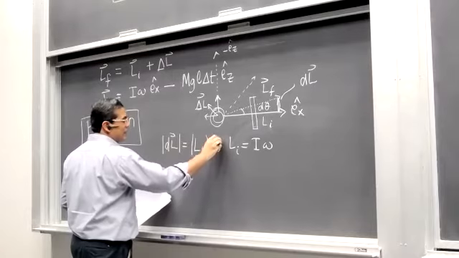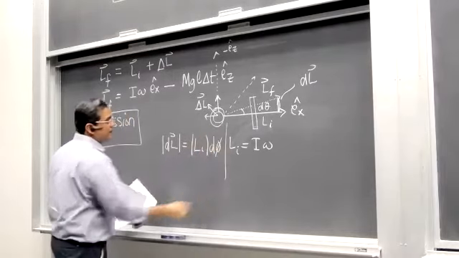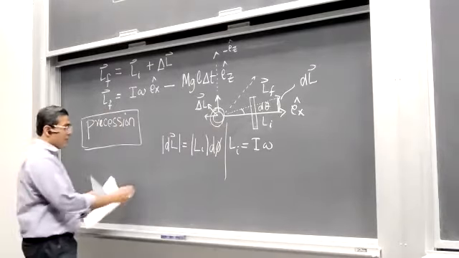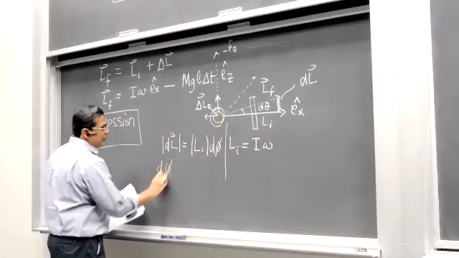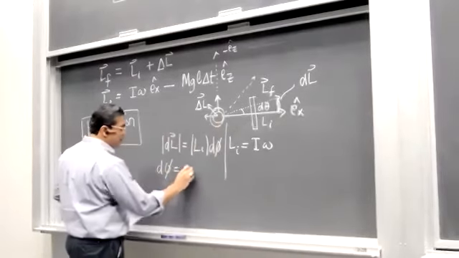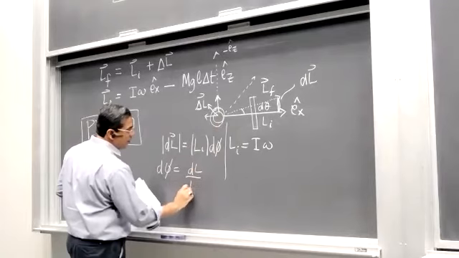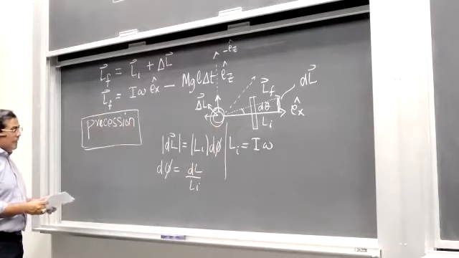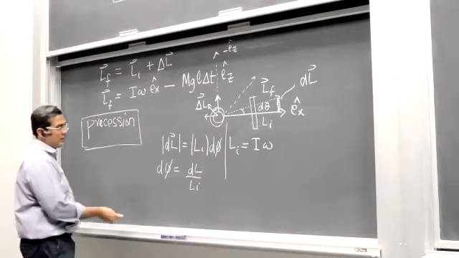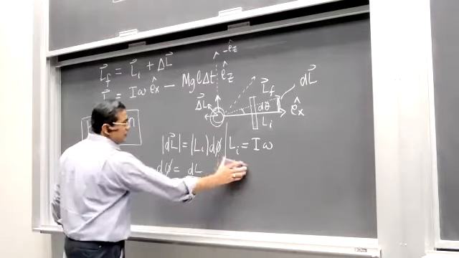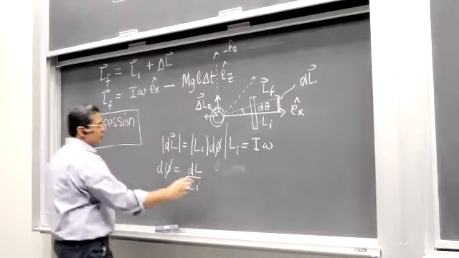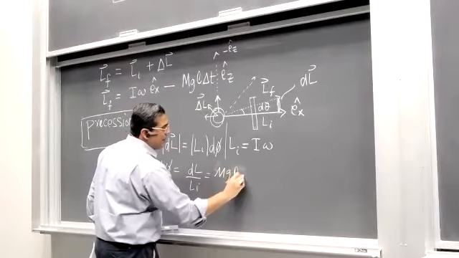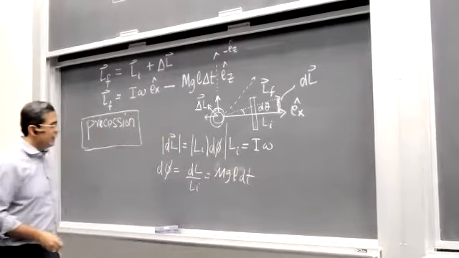That is the arc formula, isn't it? Yes sir, that's right. So from here you can write d phi equals dl over Li, all magnitudes. And what is dl? dl is mgl dt, right?